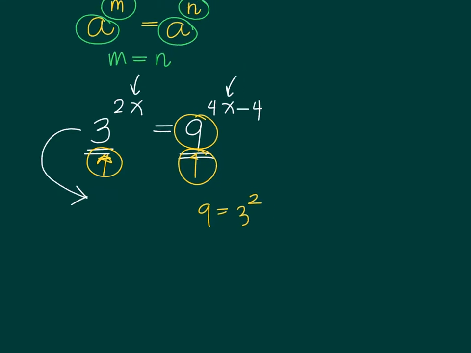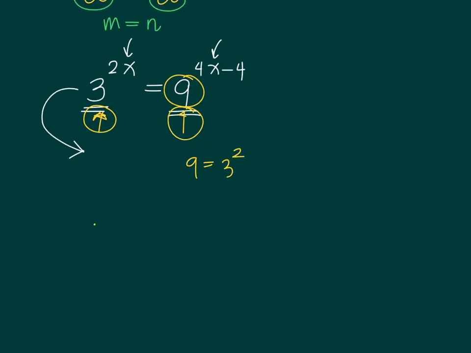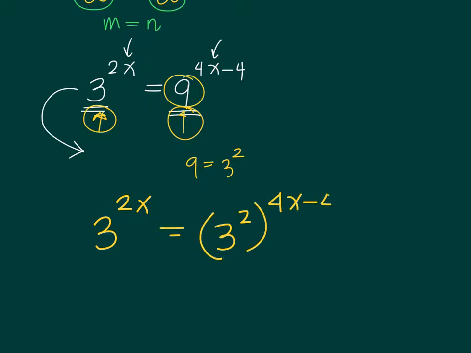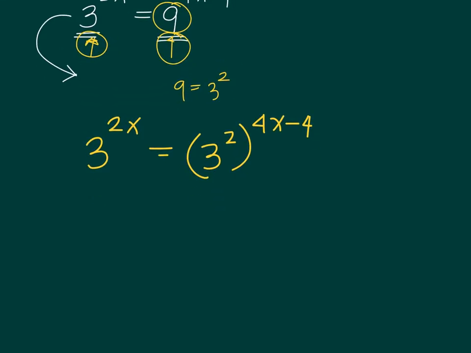So what we can do with this equation is that 3 raised to 2x will remain 3 raised to 2x, but 9 should be written as 3 squared. And take note that it is raised to 4x minus 4. From here, you need to recall how to work with exponents.